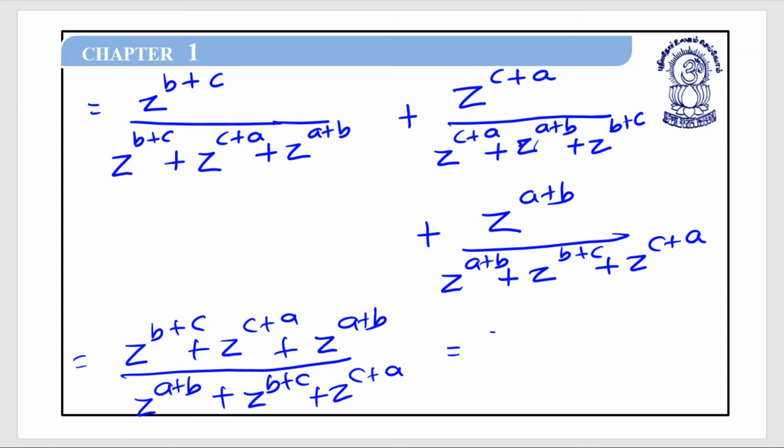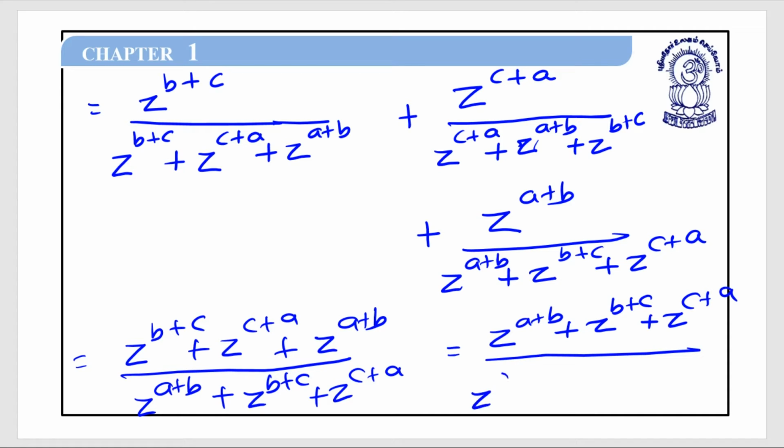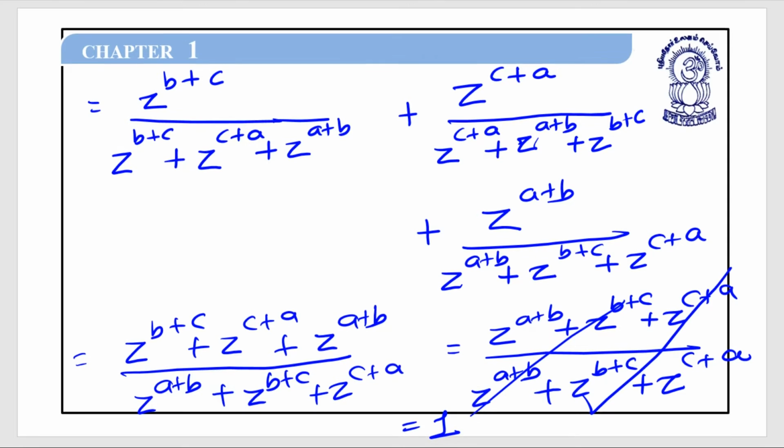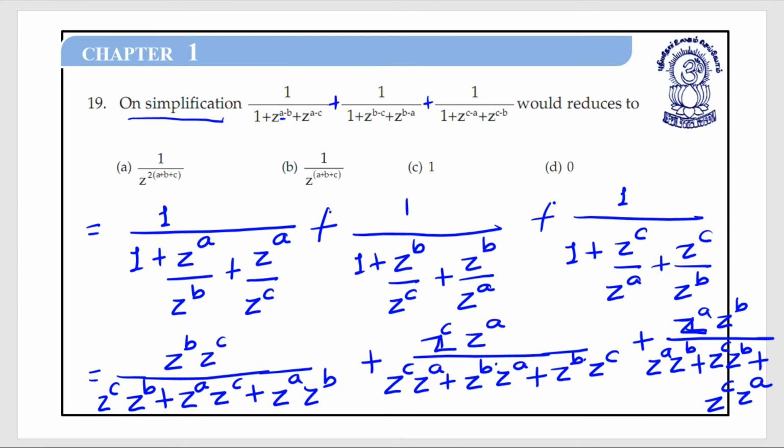So here we can arrange this as z raised to a plus b plus z raised to b plus c plus z raised to c plus a upon z raised to a plus b plus z raised to b plus c plus z raised to c plus a. Both cancel, so it is equal to 1. So option C is the right answer, 1.